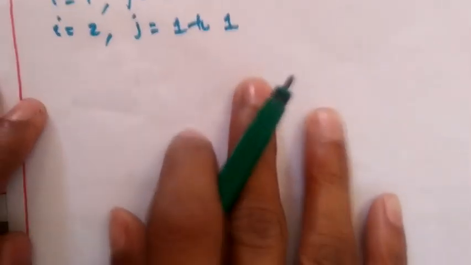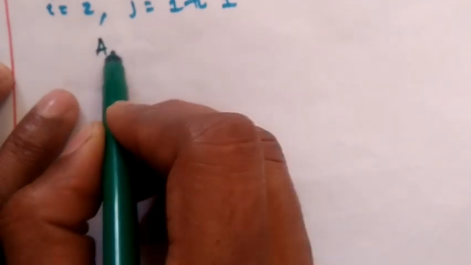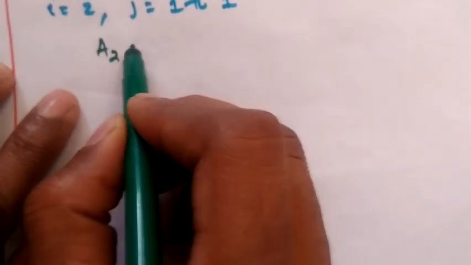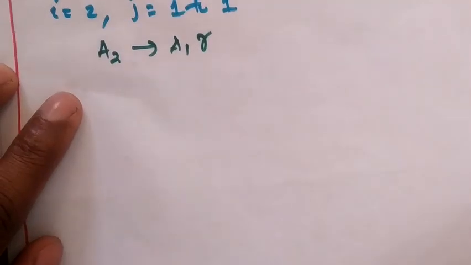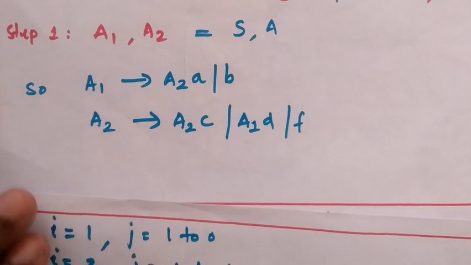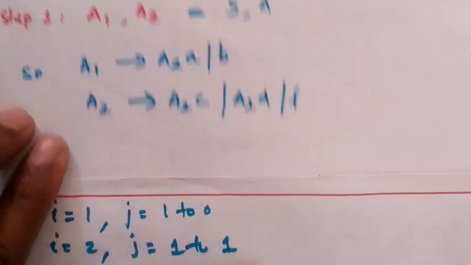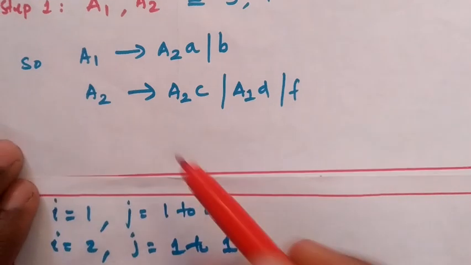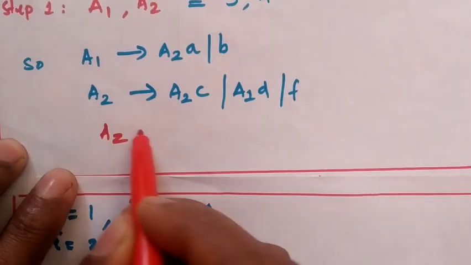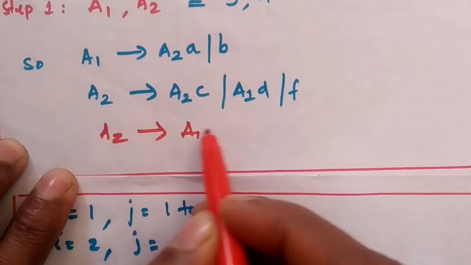Then the fourth step says that you have to replace, if you have a production of the form A2 gives A1 gamma. We will check if you have a production of the form A2 gives A1 gamma. Yes, you can see that there is one production, A2 gives A1D.